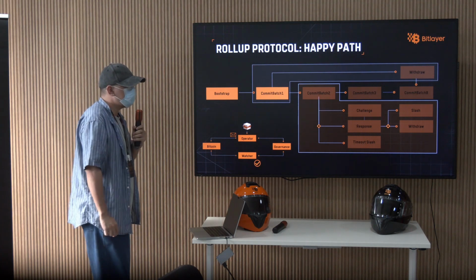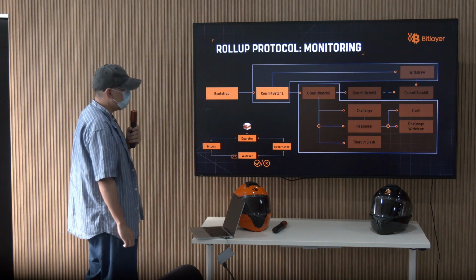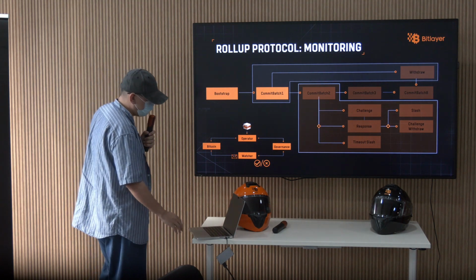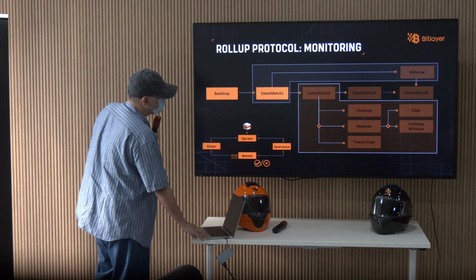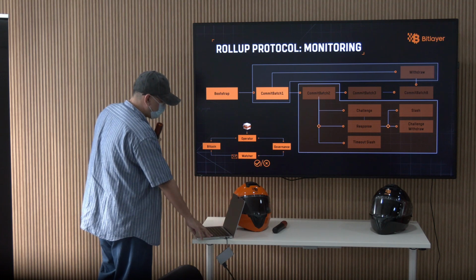Note that anyone can be the watcher since all the information is public, including the transaction ID and the script. So everyone can challenge the operator, but the operator has its own collateral. We'll talk about that later.